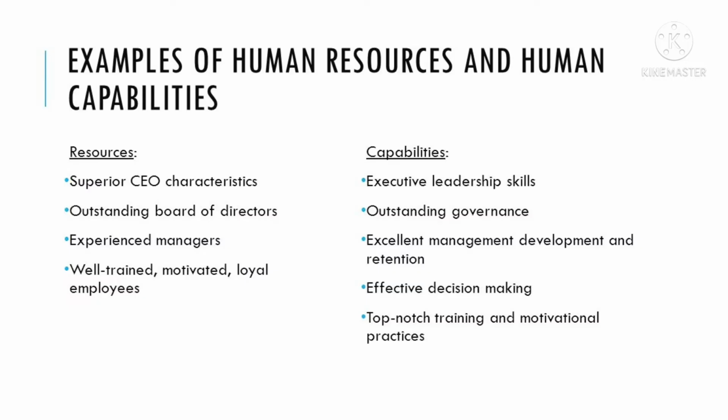Here are examples of human resources and human capabilities. Human resources are the superior CEO characteristics, outstanding board of directors, experienced managers, and well-trained, motivated, loyal employees. Human capabilities are executive leadership skills, outstanding governance, excellent management development and retention, effective decision-making, and top-notch training and motivational practices.